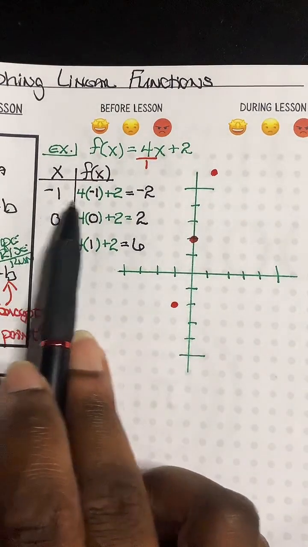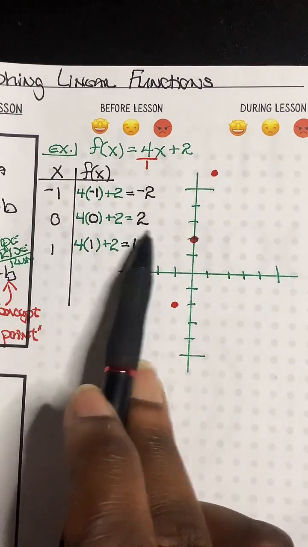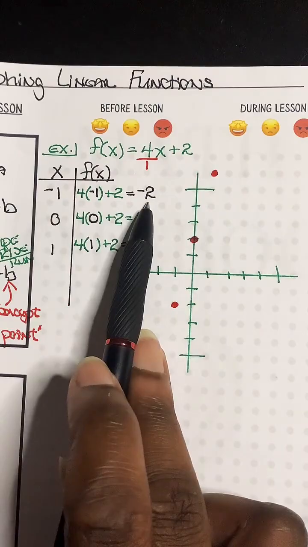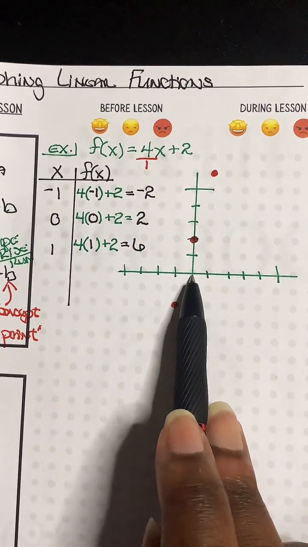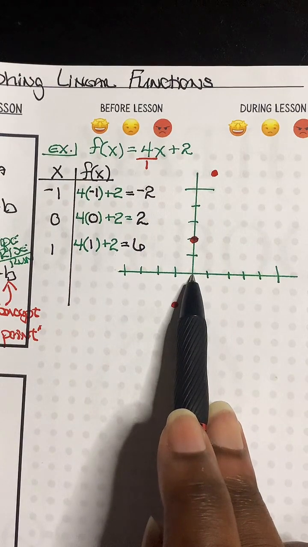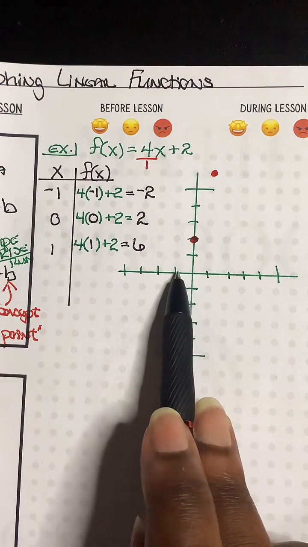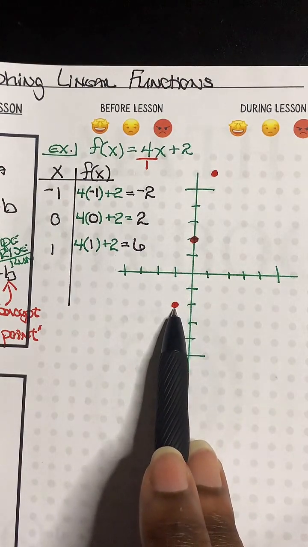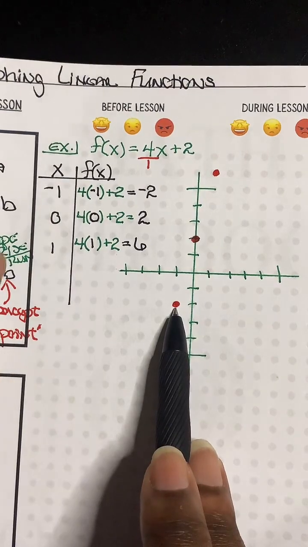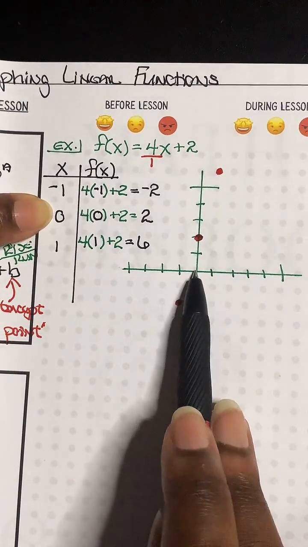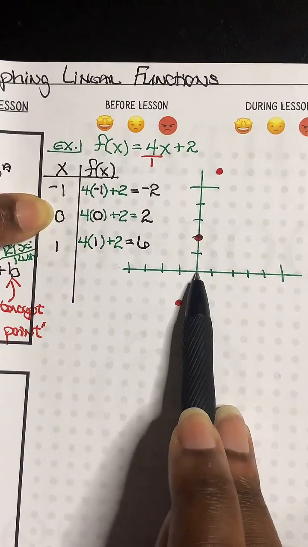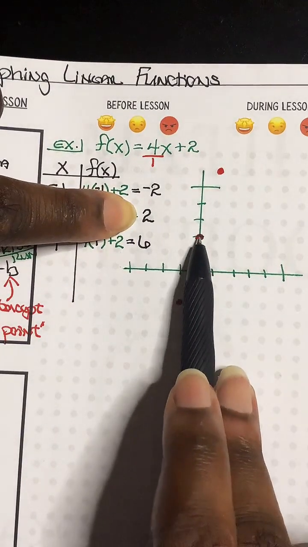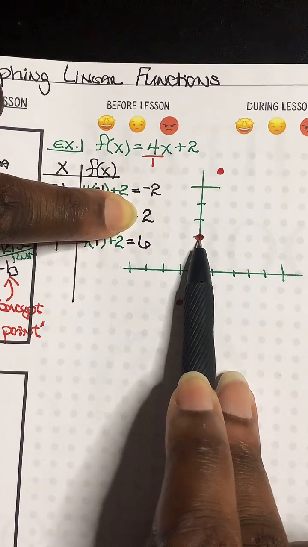But take a look at the points that we just created from the table. We have -1, -2. So if I start here at my 0 at the origin, and my x is -1, and I go down 2. Hey, it's right there. If I want to look at 0, 2, I don't have to go left or right because it's at 0, but I need to go up 2. 1, 2. Hey, there's that point.